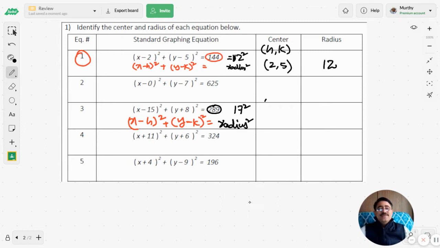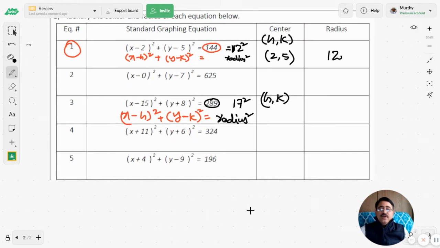So center is (h, k), and here h is negative 15. Is it? No. Please observe carefully that here x is matching, the negative sign is matching, so the h value is 15. And here y is matching, but the signs are not matching.